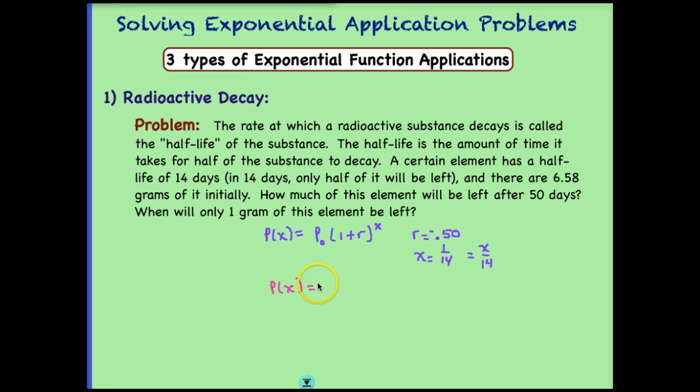Given this information, we can now create an equation. We start with an initial amount of 6.58, that's our P sub 0. Now think about this in here. We have 1 minus 0.5, so this leaves us with 0.5. Thus, our base is a fraction between 0 and 1, which means we're going to have a decay problem.